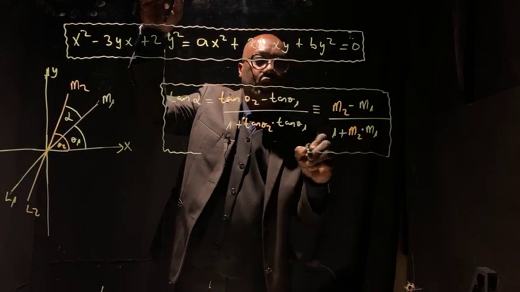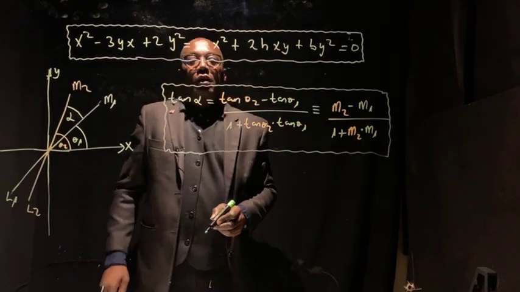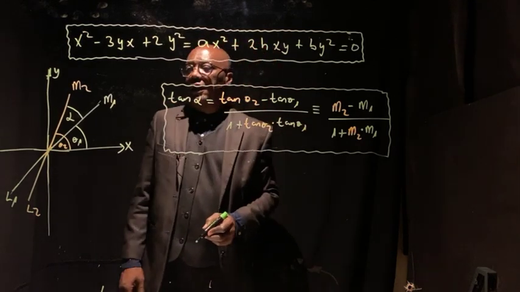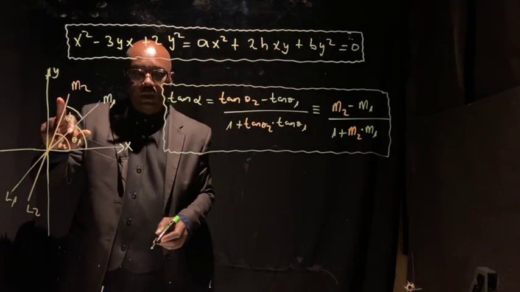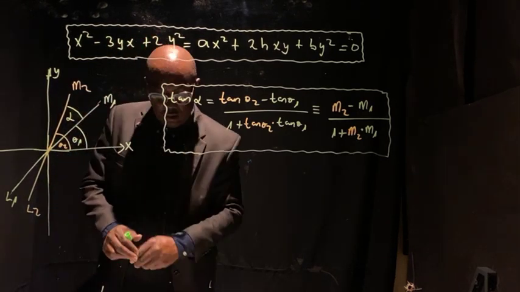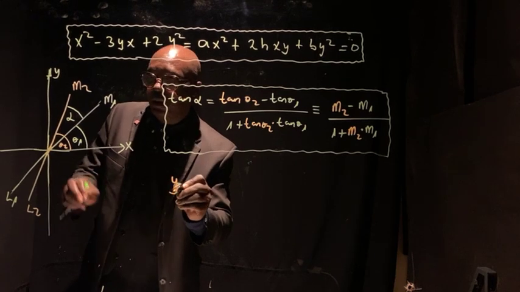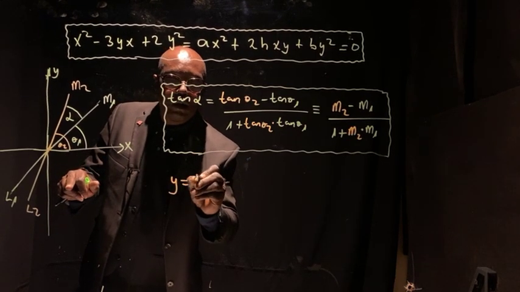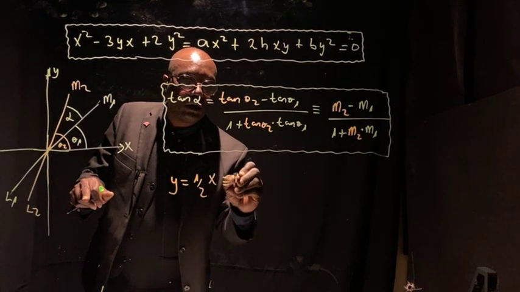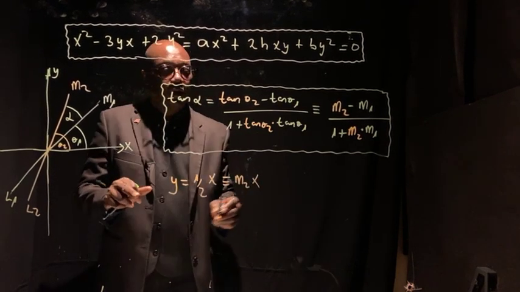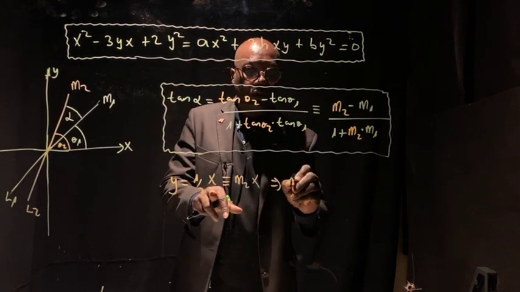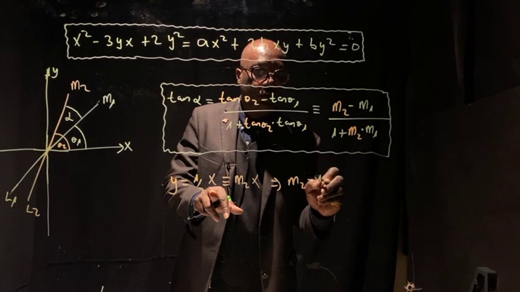So if you want to know the angle between the pair of lines, previously we found that one equation was y equal to half x, very much identical to m2 x, which implies m2 is equal to half.